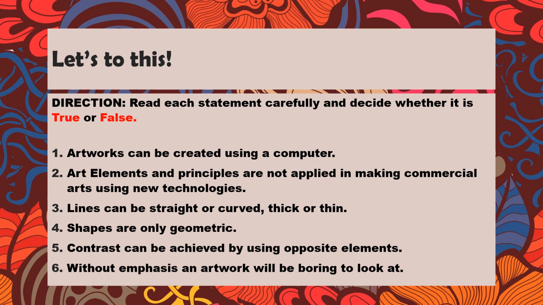So you choose true or false. Number 4, shapes are only geometric. Okay, number 5. Contrast can be achieved by using opposite elements. And number 6. Without emphasis, an artwork will be boring to look at.